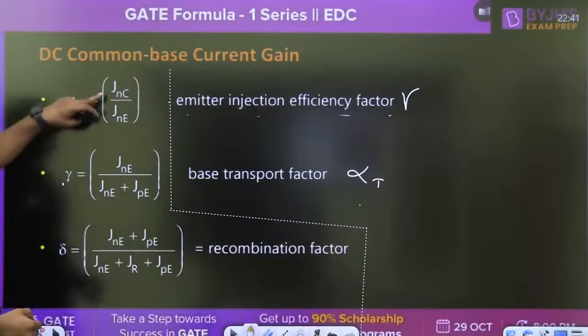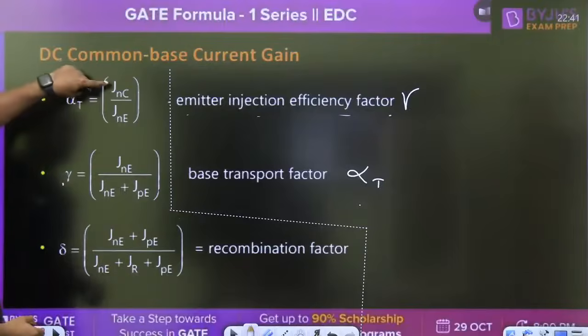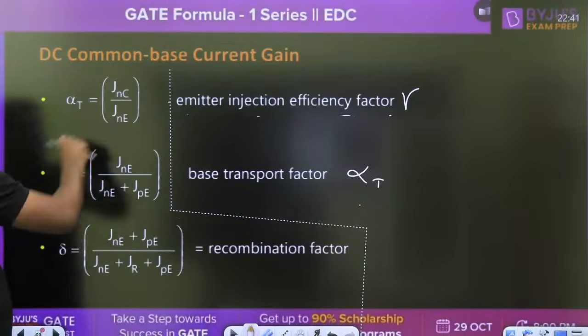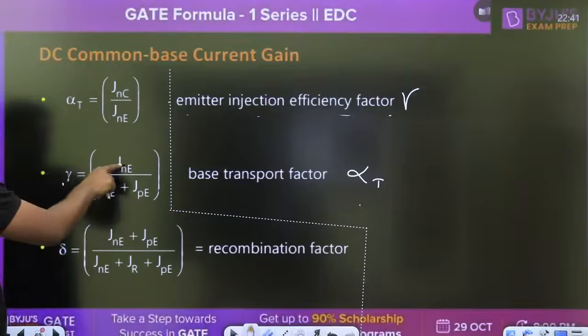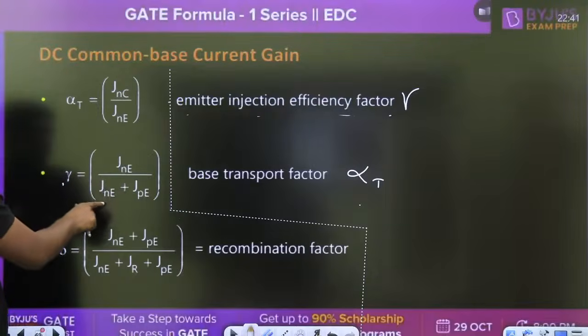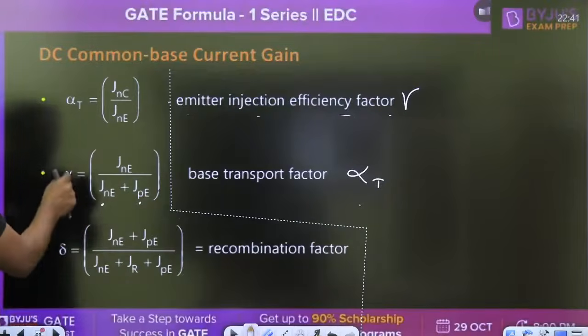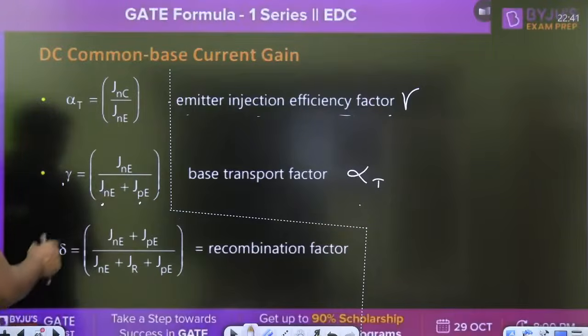Now, JNC upon JNE, that is the collector current density upon the emitter current density. This is the emitter current because of electrons upon the emitter current because of electrons plus the emitter current because of holes. This is called emitter injection efficiency, and then this is called the recombination factor.